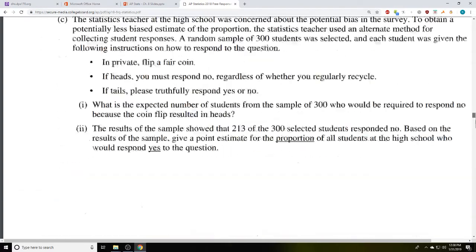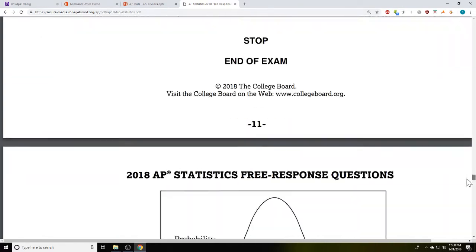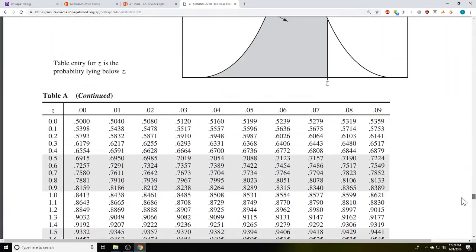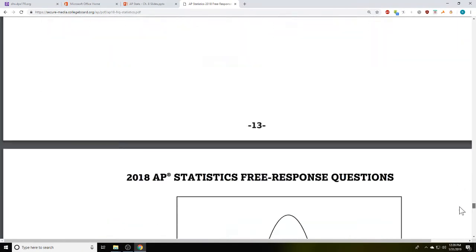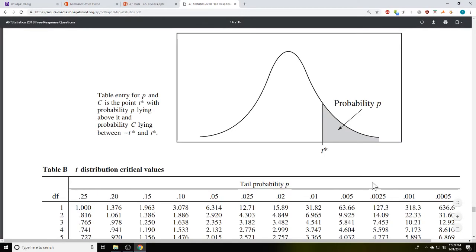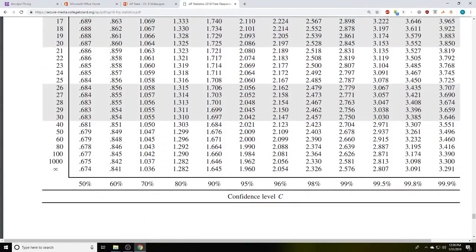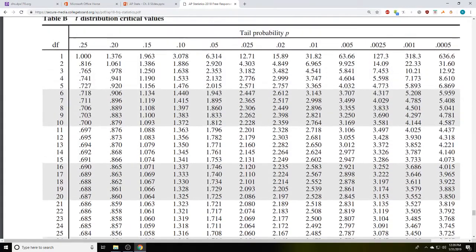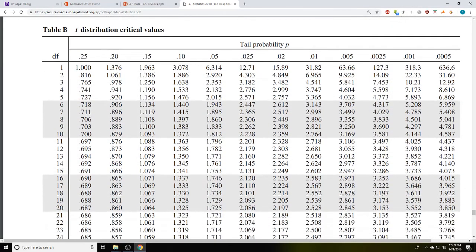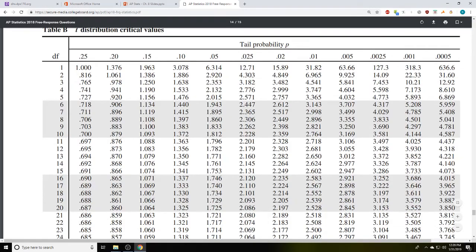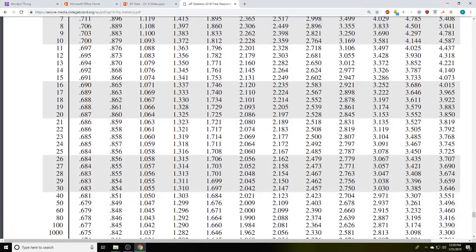Okay, but let me scroll down to the table just so that you can see how this looks. There's your z-score table, and right after it, same as in the book, this is your t-score table. This is the exact same table that they were showing.